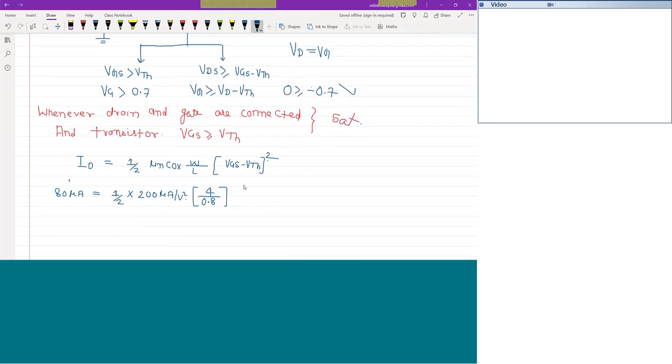Now we are interested in VGS. VG minus VS, which is connected to 0, minus VTH, which is given as 0.6.